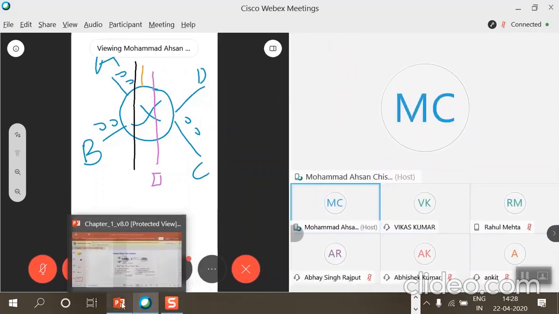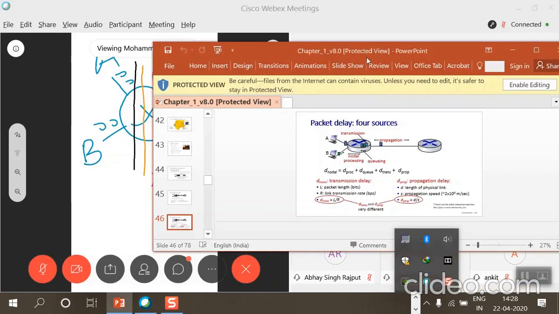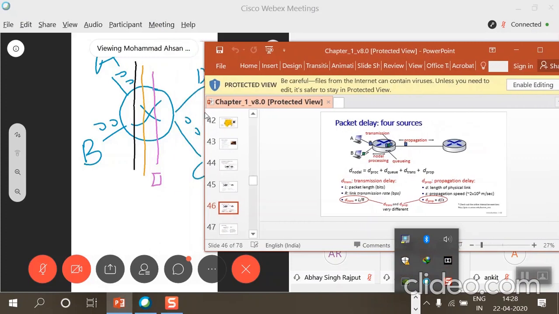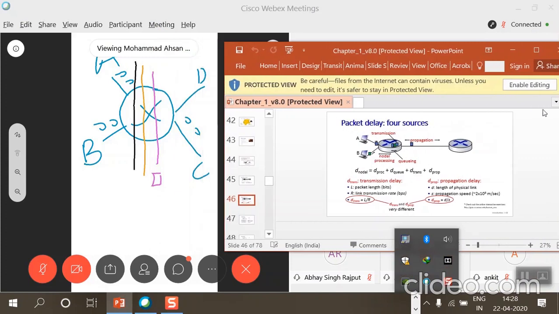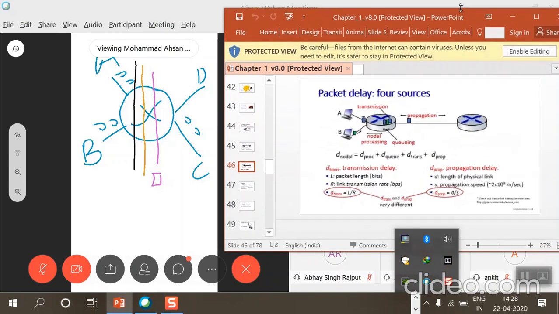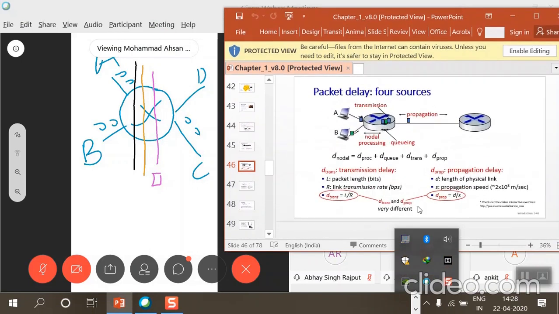It would take some time for this packet to be pushed onto the outward link, that is here. So the time that this packet takes to be pushed onto the transmission link is known as the transmission delay.